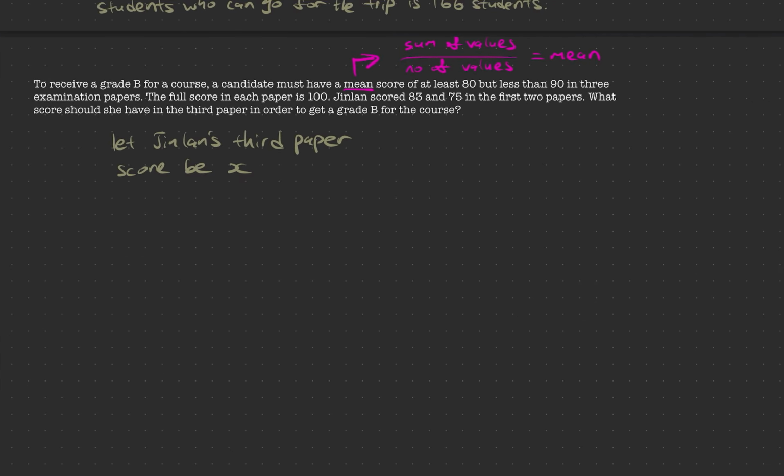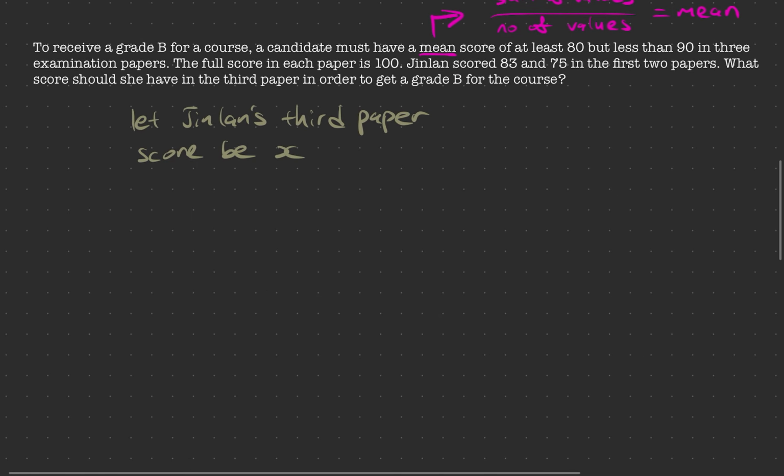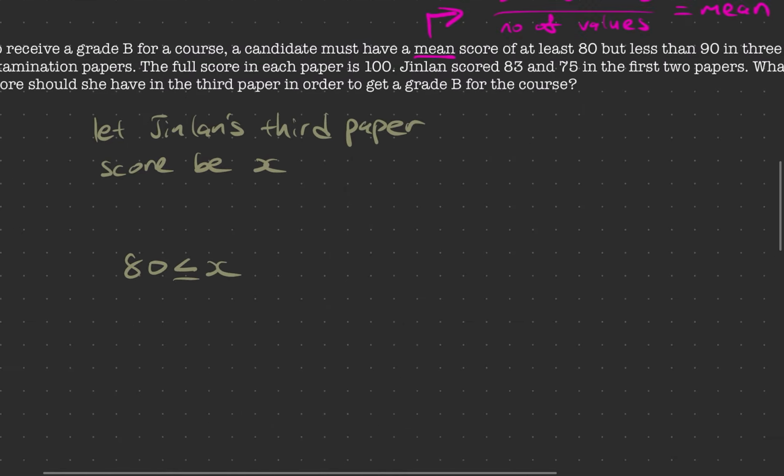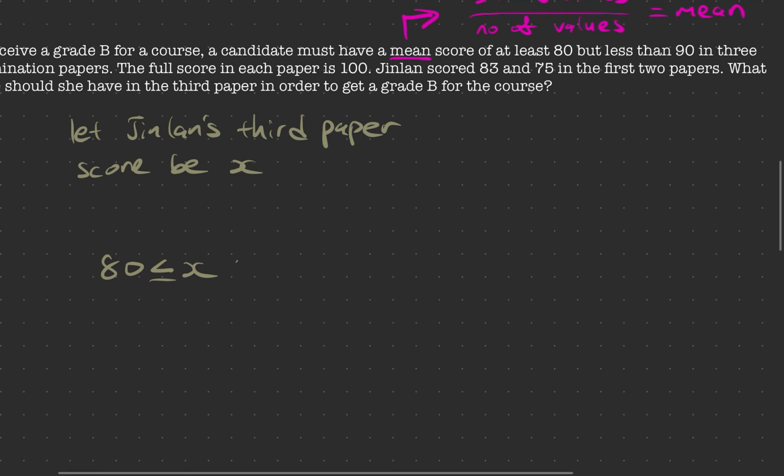So to get a grade B for her, she needs to have a score of at least 80. So X can be more than or equal to 80, but it also has to be less than 90. No, wait, sorry, that's for the grade B. Okay, for her to get a grade B.